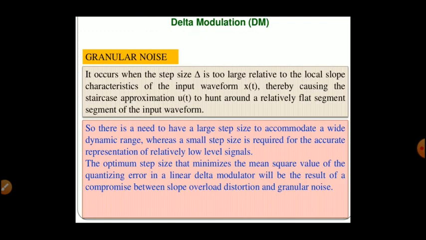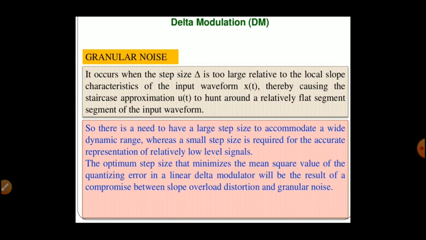Then in delta modulation, granular noise occurs. It occurs when the step size delta is too large relative to the local slope characteristics of the input waveform x(t), thereby causing the staircase approximation u(t) to hunt around relatively flat segments of the input waveform.